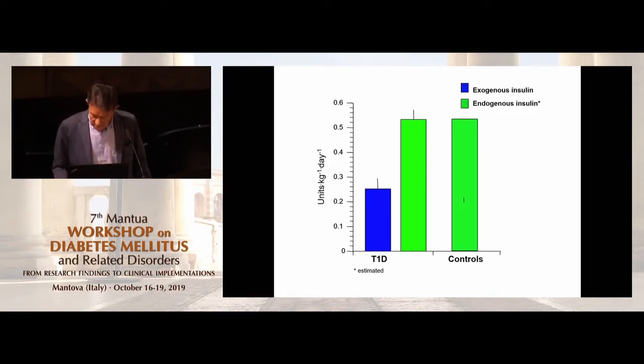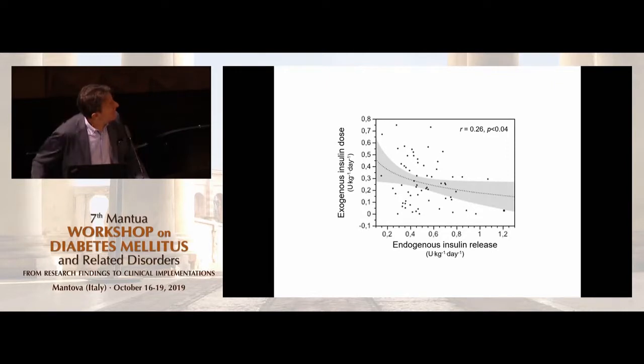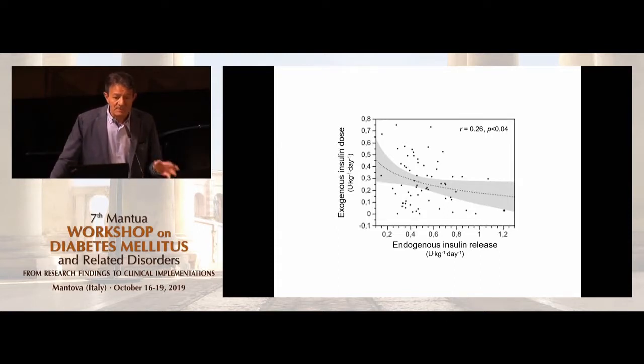And what are the correlates of this? Well, you see here that this endogenous insulin release correlates inversely with exogenous insulin. So the people who have a larger endogenous reserve of insulin are also the ones that require less exogenous insulin, which is not unexpected.